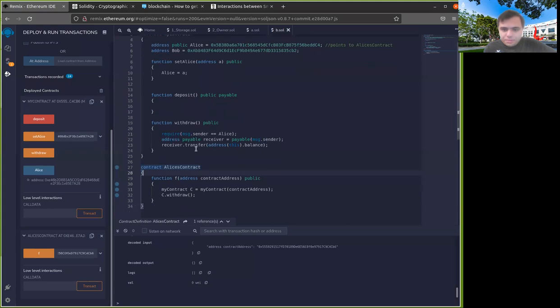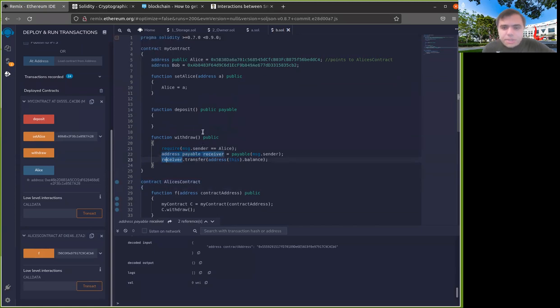Oh, actually, maybe the problem is with the transfer here. Yeah, I don't have a default behavior in this contract for what happens when someone transfers money.